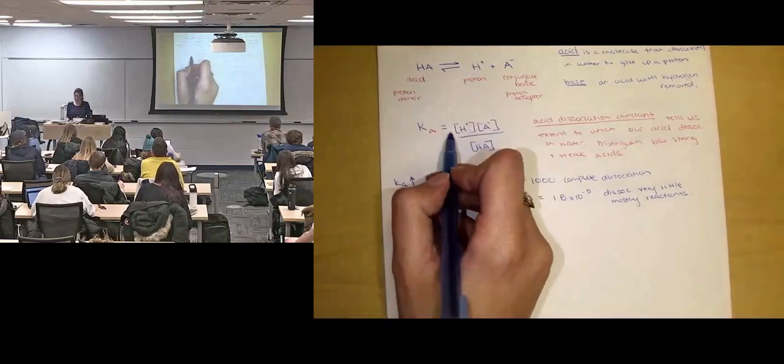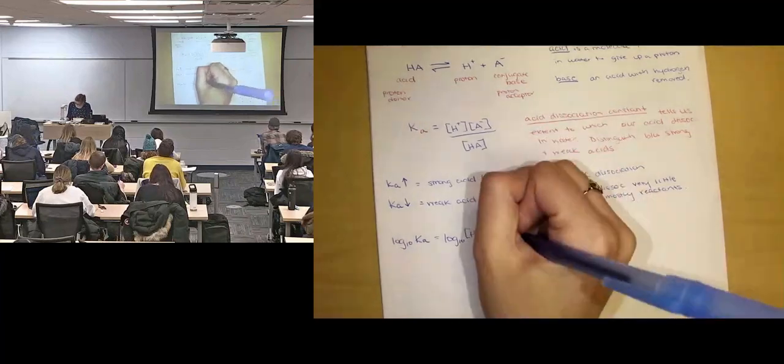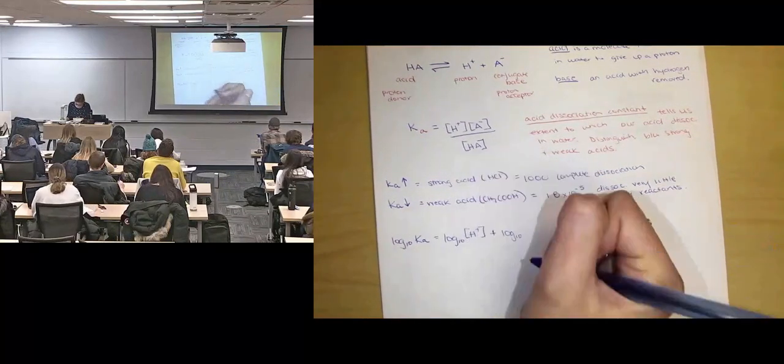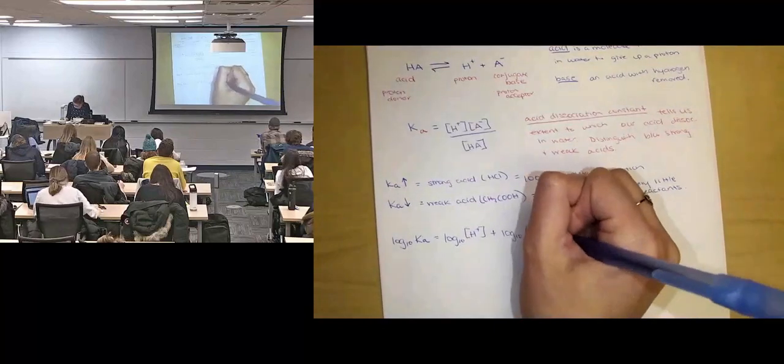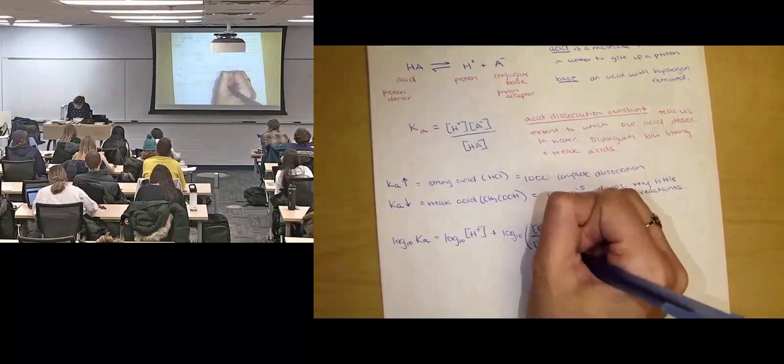So all I've done here is pulled this out as multiplication. And by properties of logs, the logarithm of the product of two things, I can add them together, okay? So this is then plus the log base 10 of the concentration of the conjugate base over the concentration of the acid.